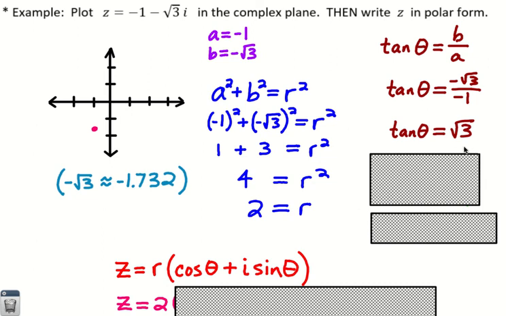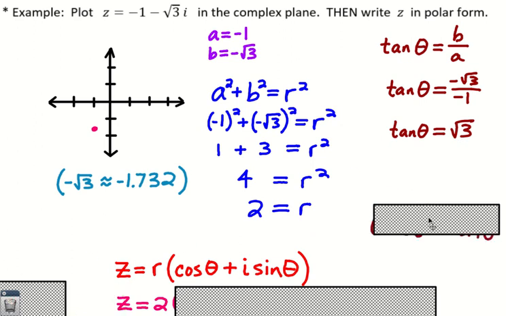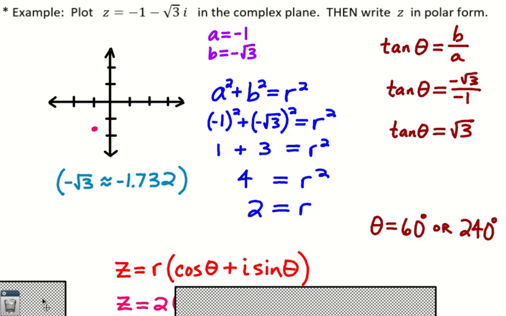Well, now you just go to your cheat chart, and your cheat chart says that theta could be 60 degrees or 240. Which one would it be? Which one makes sense if we're over here in quadrant 3?